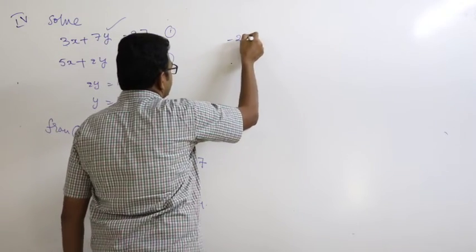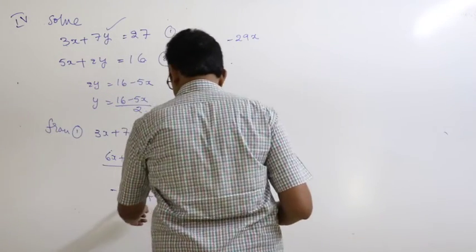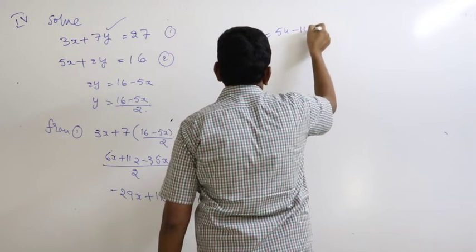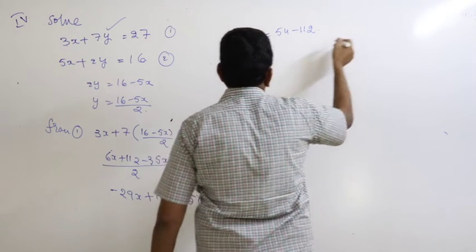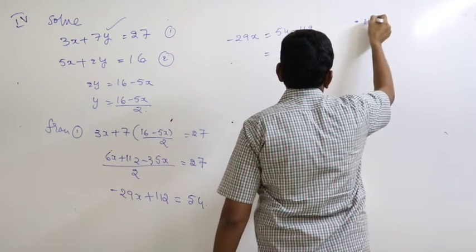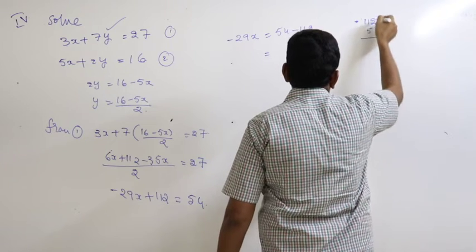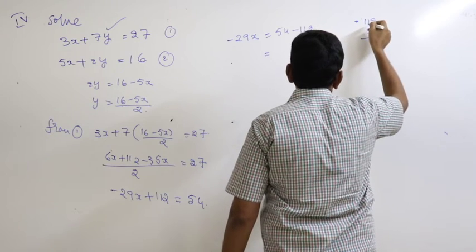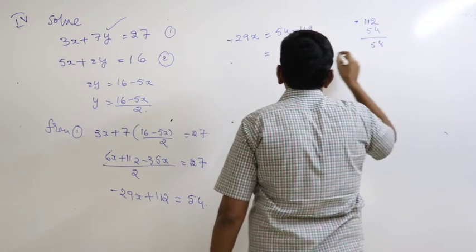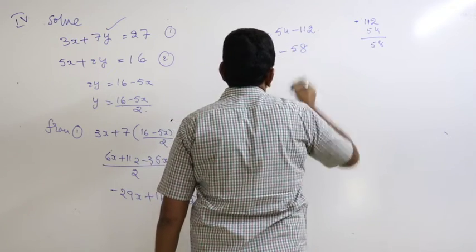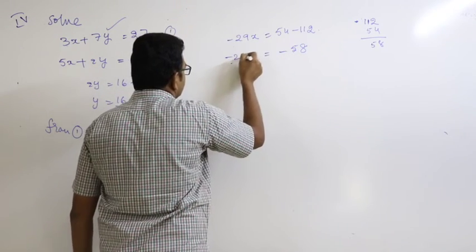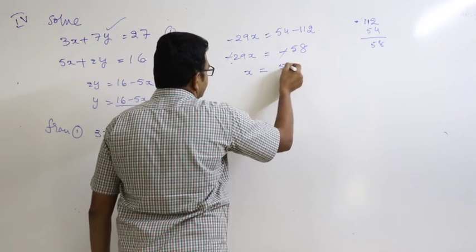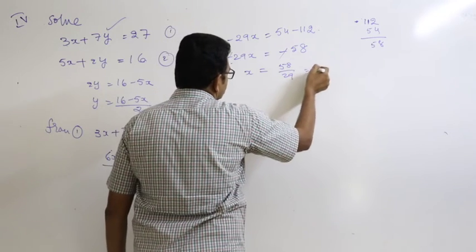So minus 29x is equal to 54 minus 112. So this is equal to minus 58. Minus 29x equal to minus 58. Therefore, x equal to, the minus gets cancelled, 58 by 29, which is 2.